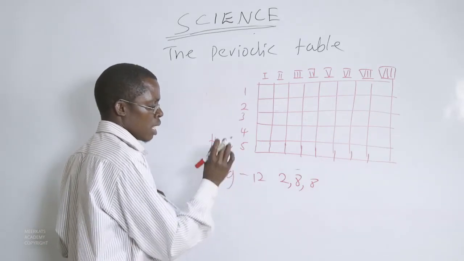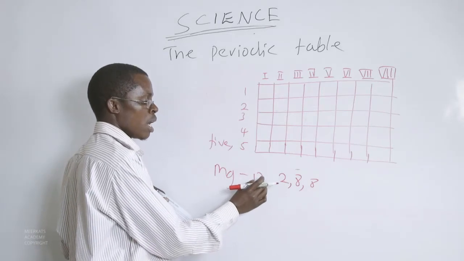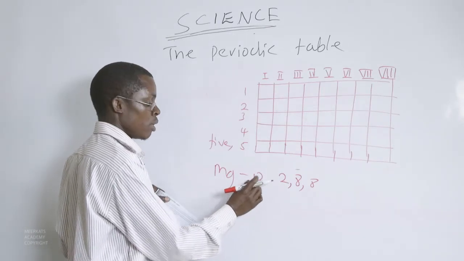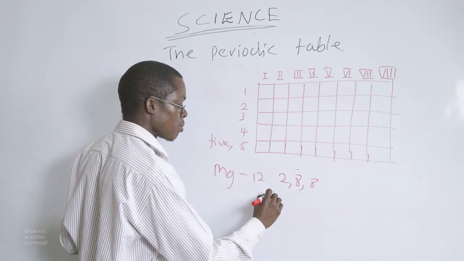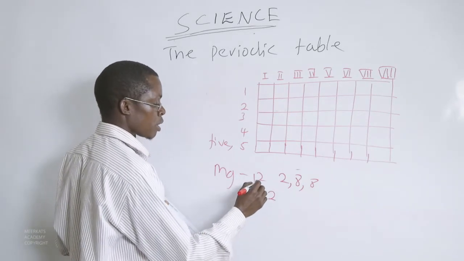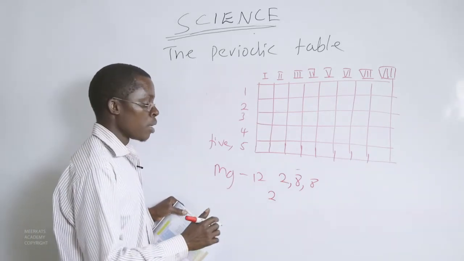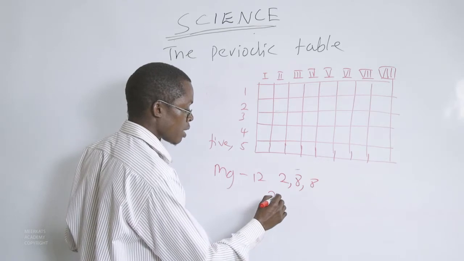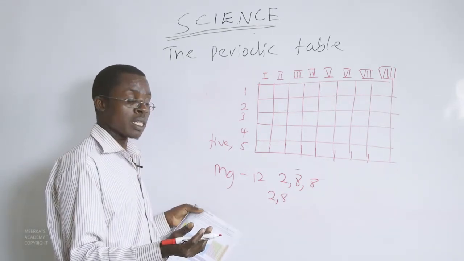So let's arrange these electrons in this order following a maximum of 12. For magnesium, the first energy level or orbit has a maximum of 2. So we subtract 2 and we are remaining with 10. We can comfortably go for another 8 because we haven't covered the remaining 10.